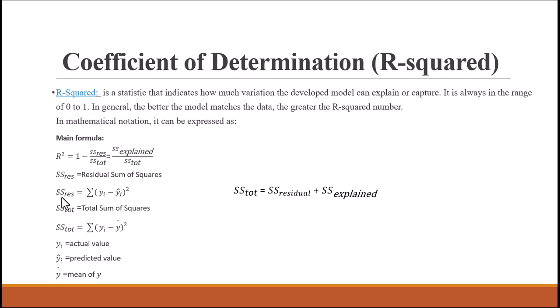The residual sum of squares is computed by the sum of the squares of the differences between the actual value and the predicted value. And the total sum of squares is the sum of the squares of all of the differences between the actual value and the mean value.